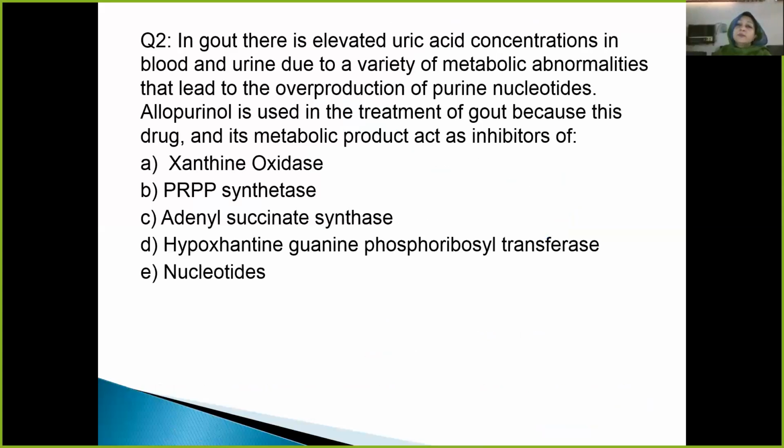In gout, there is elevated uric acid concentration in the blood and urine due to a variety of metabolic abnormalities that lead to the overproduction of purine nucleotides.